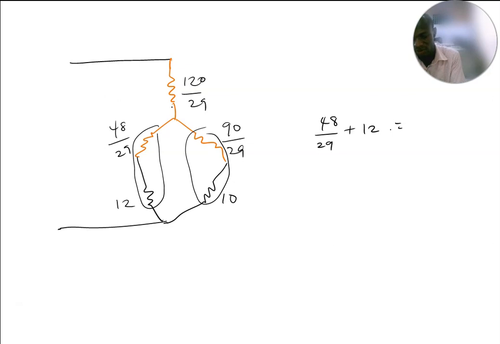And that is going to give us 396 on 29, right?